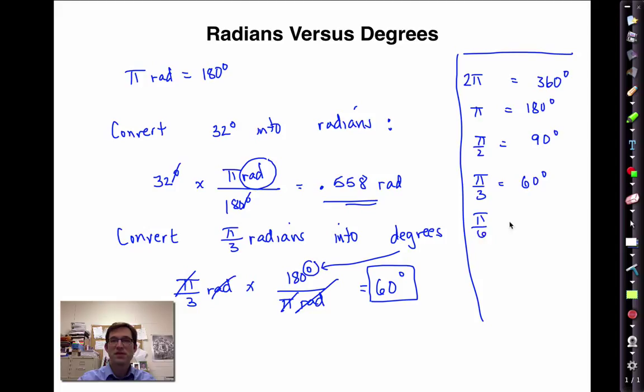Pi divided by 6, we could do the same thing and we'd find that's 30 degrees. One last one that's important: pi divided by 4 is 45 degrees. These are all very important ones. It's helpful, probably not mandatory, but pretty helpful to have those memorized. So we'll be working in radians and in degrees for the rest of the trig unit. I'm going to clear this out for right now.